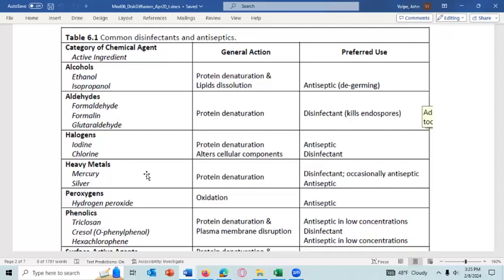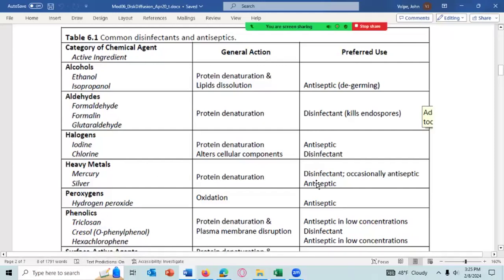We brought back the use of heavy metals, like when they treat gauze on a wound with a heavy metal. The heavy metal will prevent bacteria from growing in the wound. Heavy metals can also be used as a disinfectant, but in the medical industry, like I said, the use of heavy metals has come back.